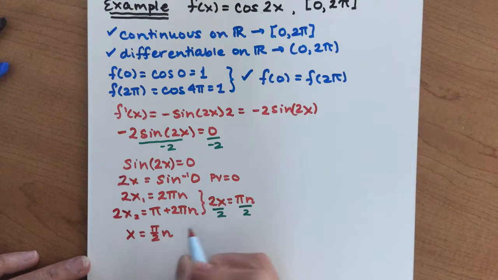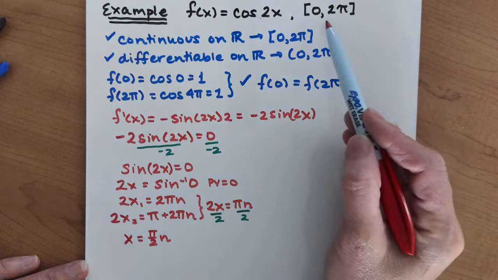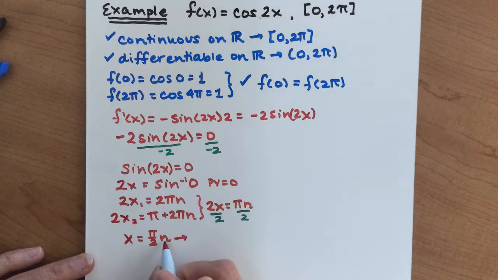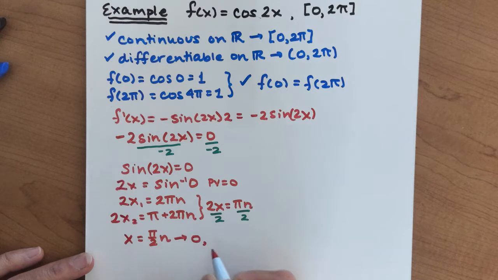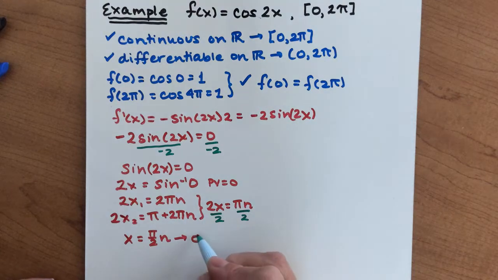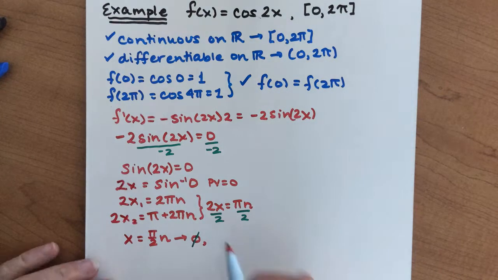Well, we're only looking at positive numbers because we're only looking from 0 to 2 pi. So, when n is 0, I get 0. Now, remember that my values have to be between 0 and 2 pi. So 0 is not actually going to be one of my answers because that is an endpoint, and I'm looking for x values between the two endpoints.